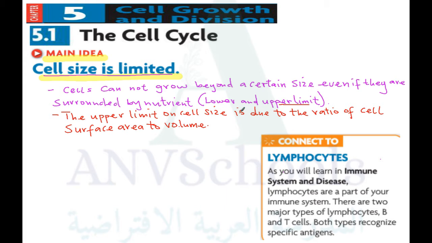For these materials to be transported in adequate amounts and with adequate speed to keep the inside of the cell functioning, there must be a way of maintaining the cell surface area to volume ratio.